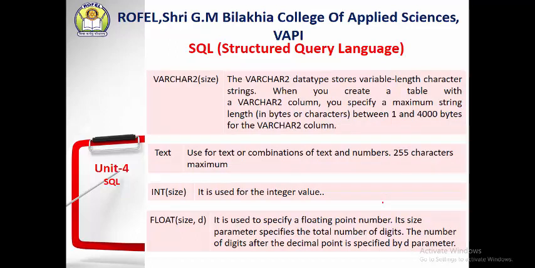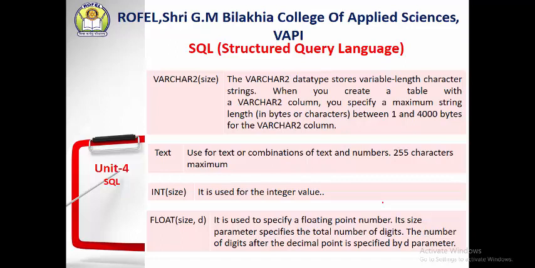Same way varchar2. Varchar and varchar2 are two different data types, but varchar2 is used for padding and varchar does not contain the padding. Varchar2 data type stores a variable length and it also contains numbers, digits, special characters, everything. When you create a table with varchar2, you must specify the maximum string length.